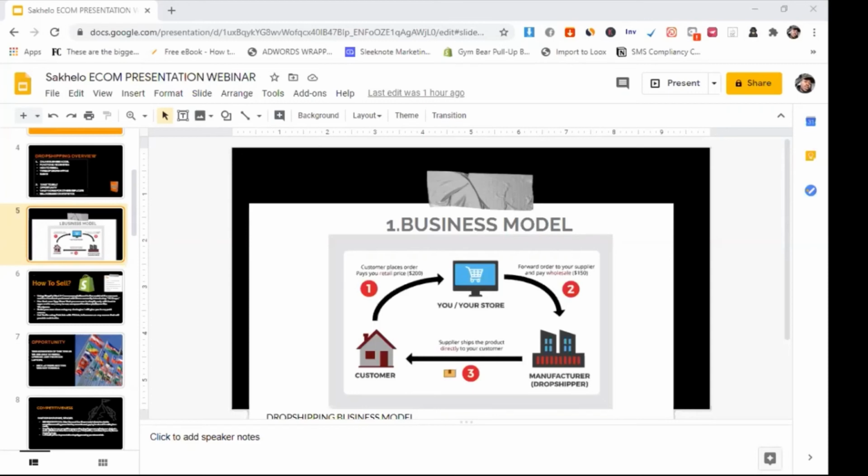Okay, just made some things. Let me see where's the text. Can you guys see this? The business model. No, the squares and stuff. You can't see it. Okay, let me change my screen sharing view.